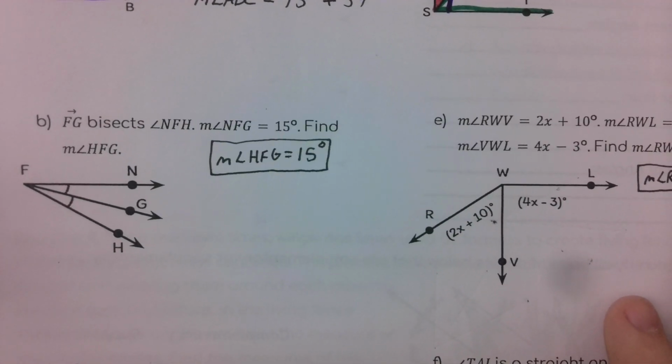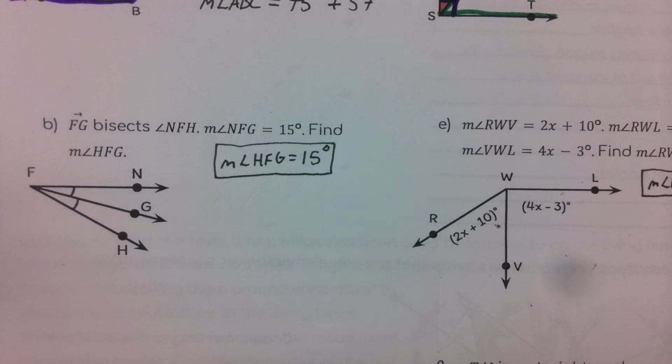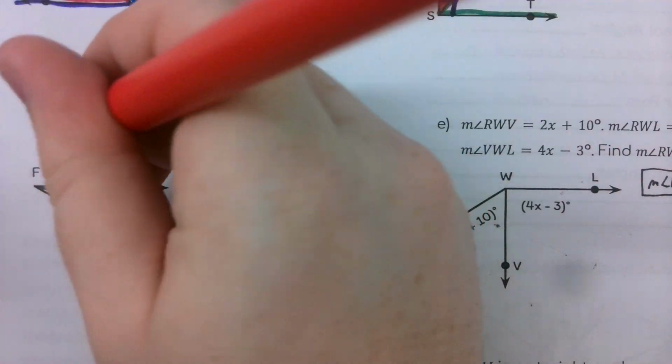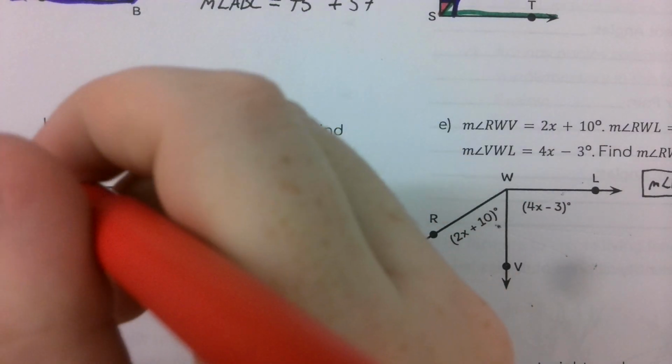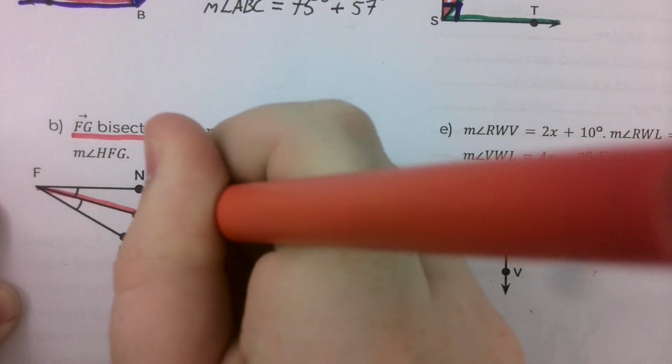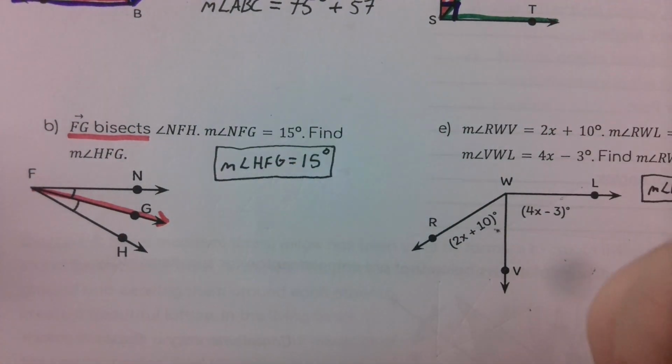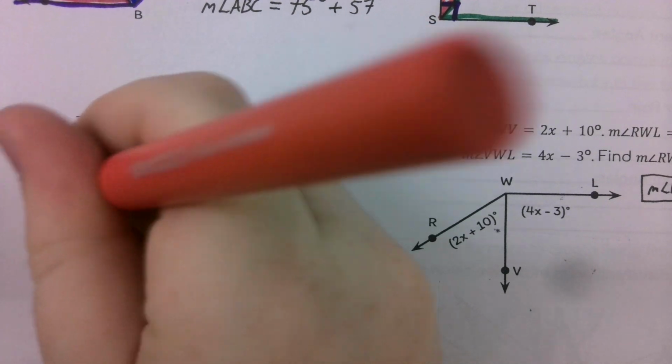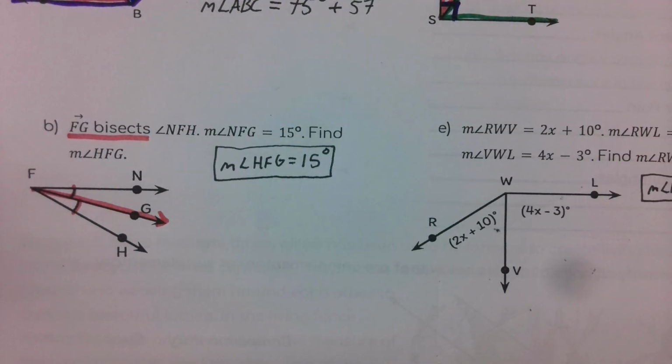Part B is extremely quick, to the point where I don't even need to write stuff down. Why? Because we are told that ray FG bisects angle NFH. This ray bisects the angle. It cuts the angle in half such that both halves are the exact same measure.